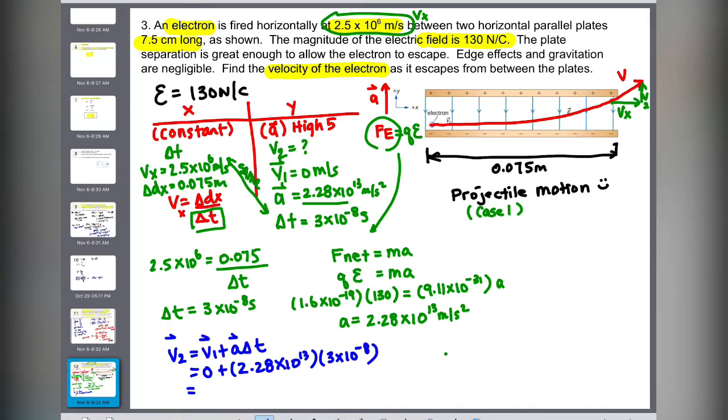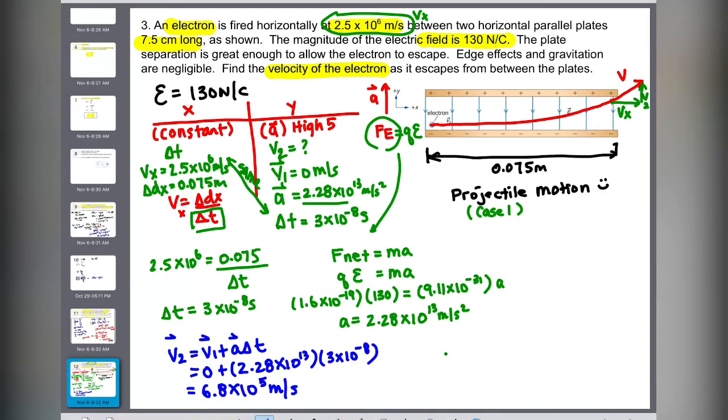So v2 along the y is 6.8 times 10 to the 5. I know that you guys are hating this because the numbers are so big.